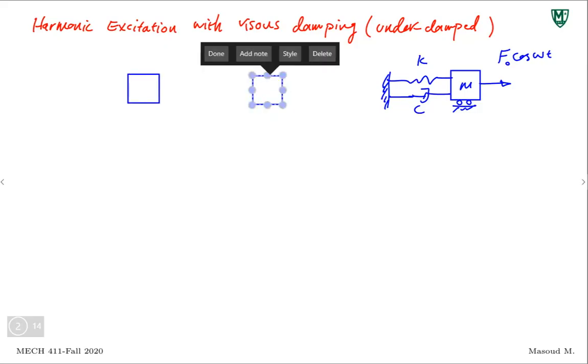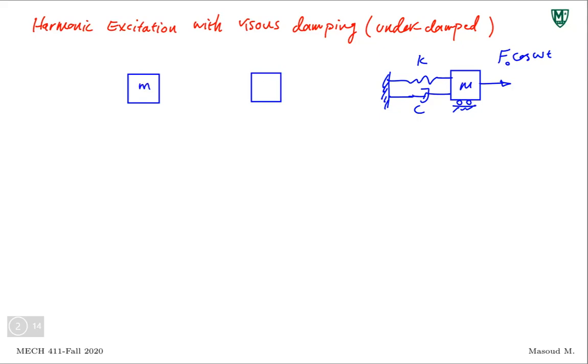Looking at the free body diagram and kinetic diagram, the mass is here, and these two are equivalent. This would be kx, this would be c x dot, and then I have the force applied to the system as an external force. Let's say the system is accelerating this way.